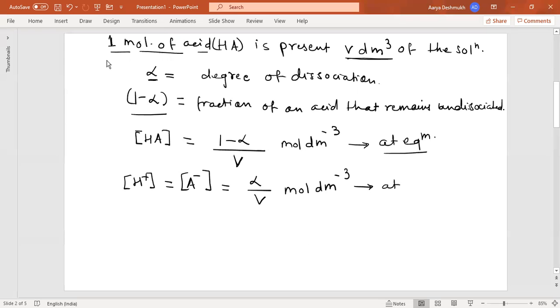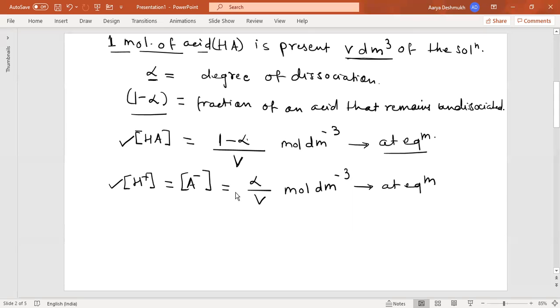So this is the concentration of acid at equilibrium, and this is the concentration of H plus and A minus ions at equilibrium. 1 minus alpha is the fraction which remains undissociated, and alpha is the fraction undergoing dissociation.